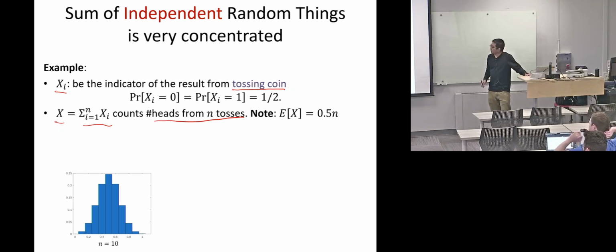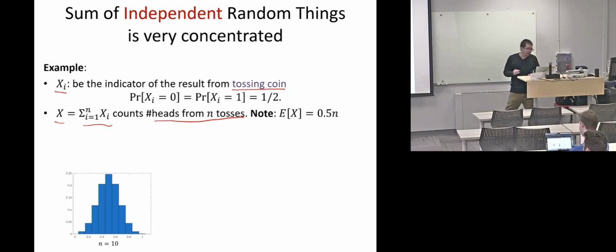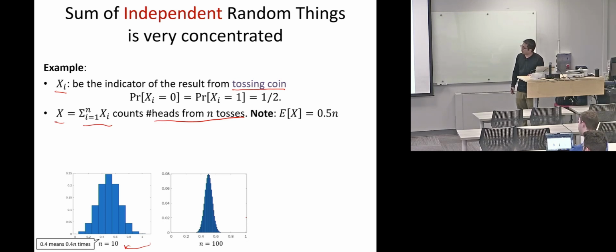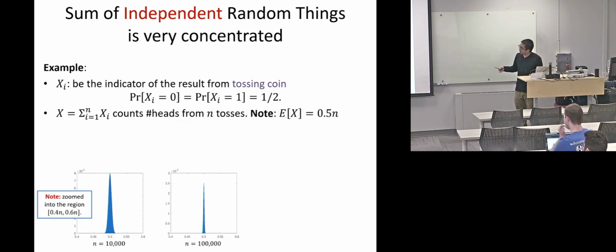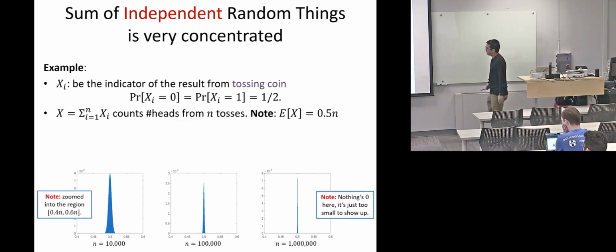But if you look at the distribution of x when there are 10 coins like this, and when there are more, it looks more concentrated. When n grows more and more, it gets more and more concentrated.